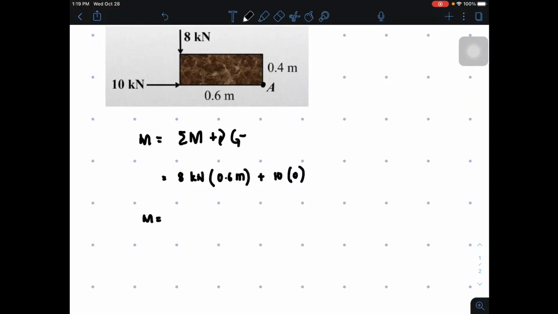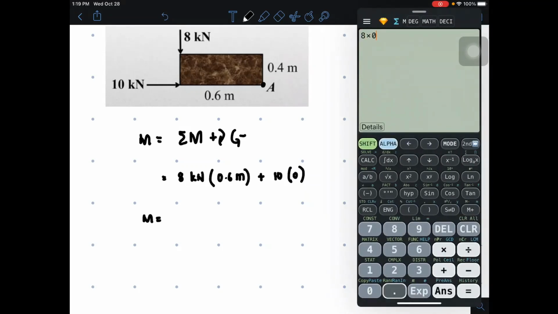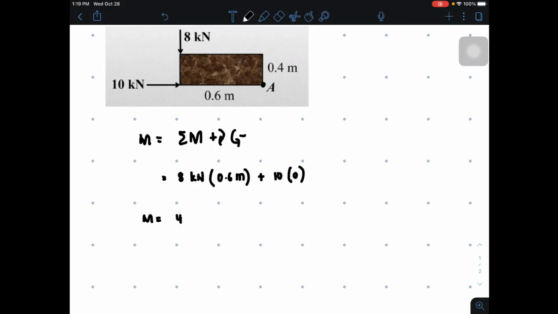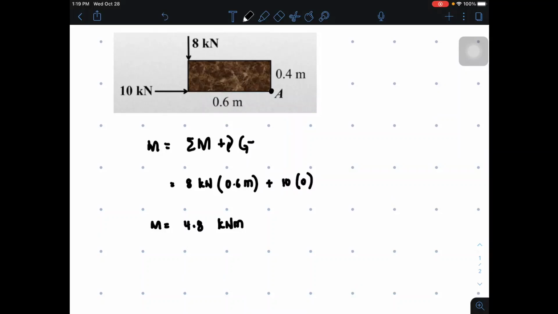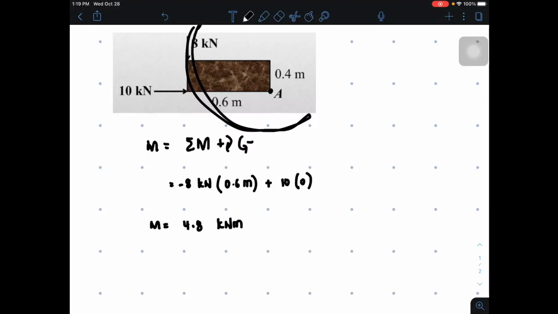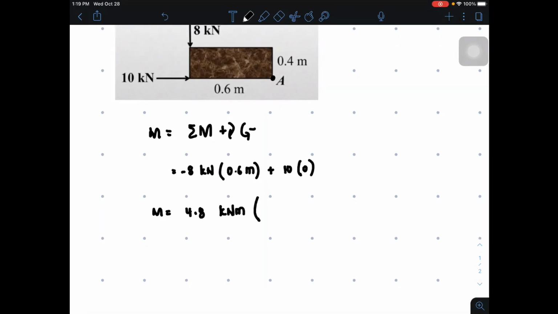So M is equal to 8 times 0.6, and the answer is 4.8 kilonewton meters. And by the way, this is negative because the rotation is counterclockwise. As you observe, this 8 will rotate about point A counterclockwise. And that's our final answer.